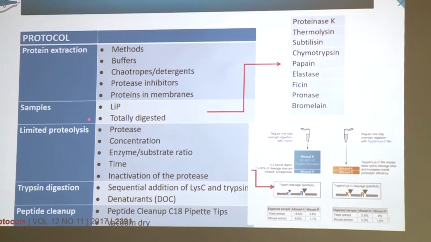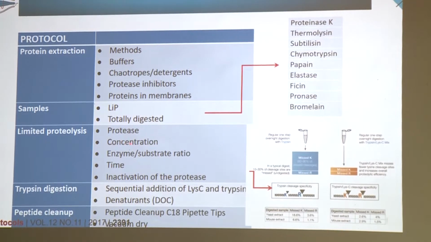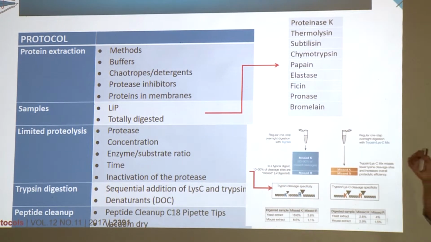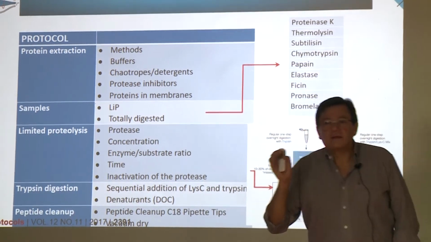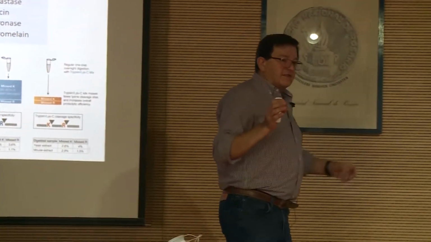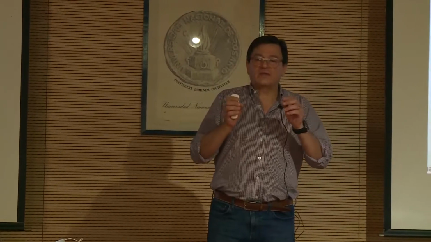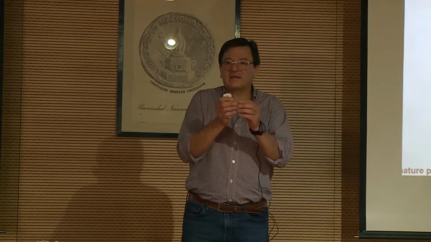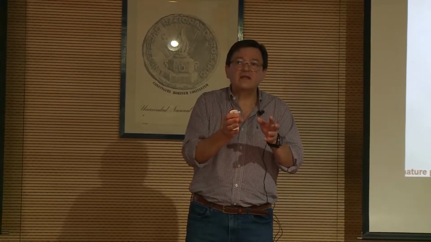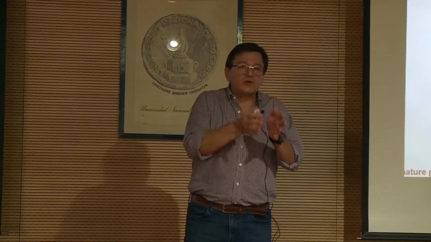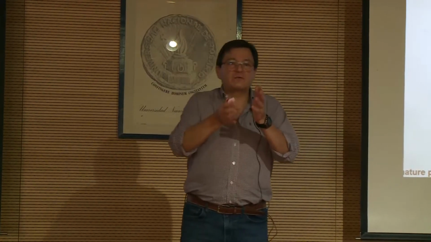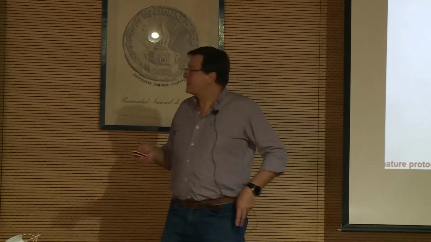So it is important to define which protease, and then to find the proper concentration and enzyme substrate ratio that should be carefully determined. Let's say it's not important at first, a priori, to know this concentration, but then you have to be cautious that you repeat exactly this relation in all your experiments.